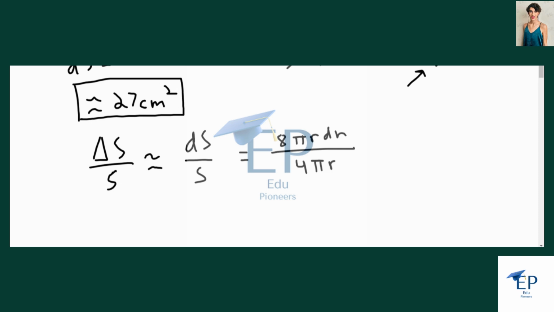Our S here is the surface area equation, and our dS is the derivative of it. When we divide these out, we'll be left with a 2, and then 1 r in the bottom. So 2 over r, and we have a dr.